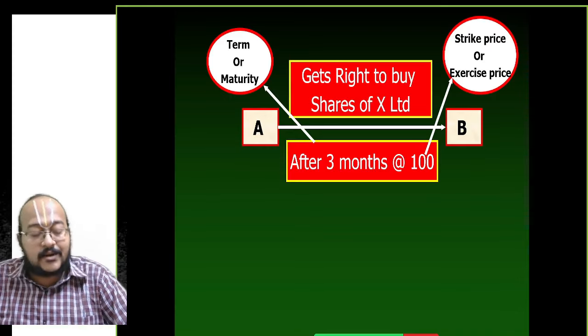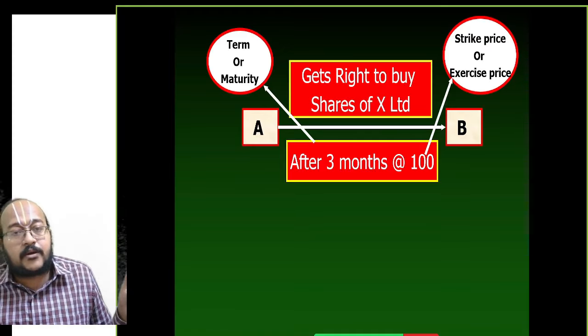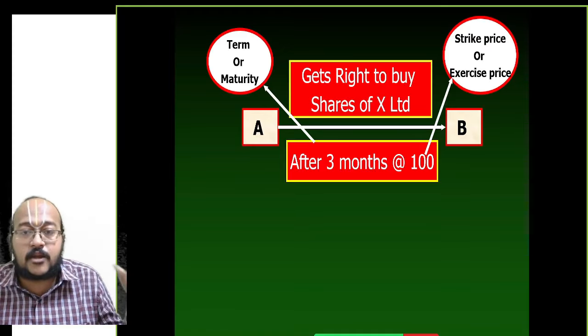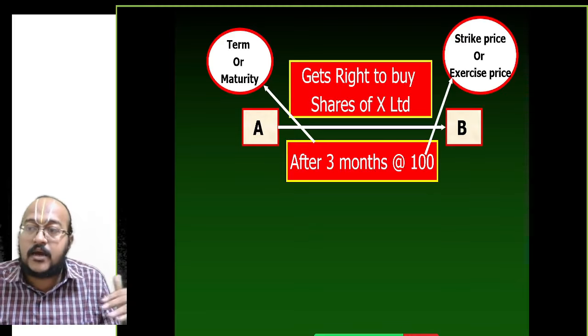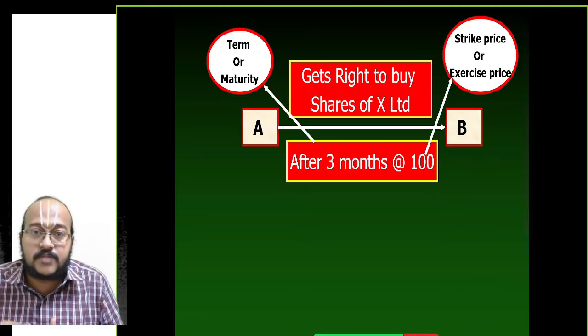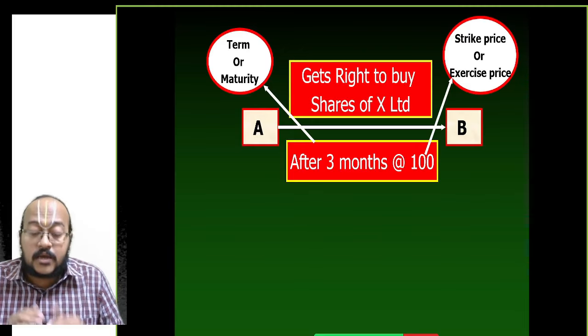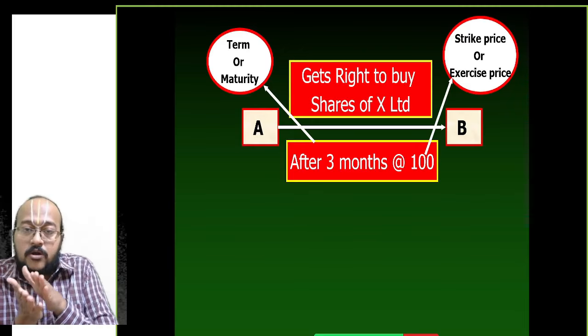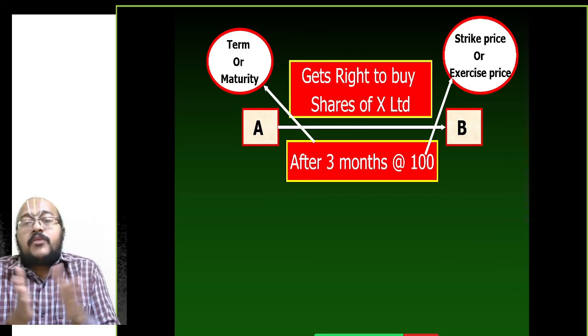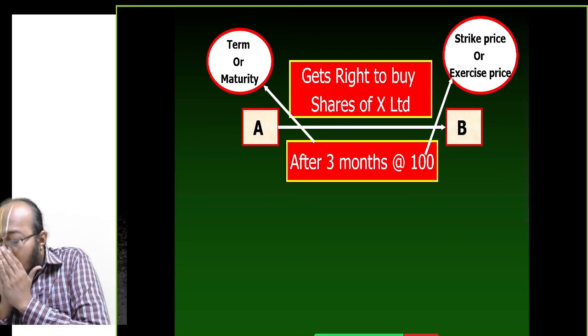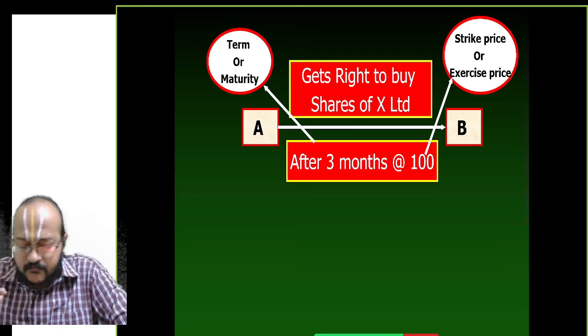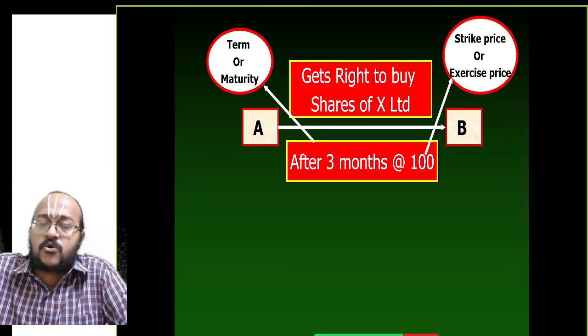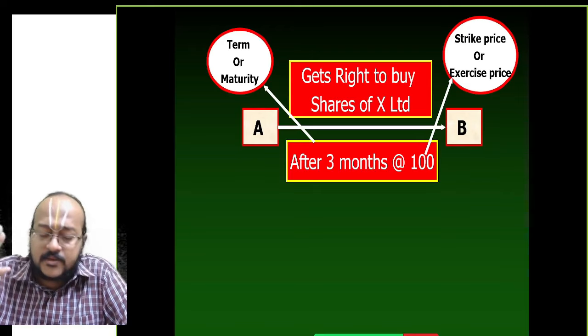In futures, anyway, in between also you can sell out and come, that is different. But here, generally, on the date of maturity only you will close your position. You understand?